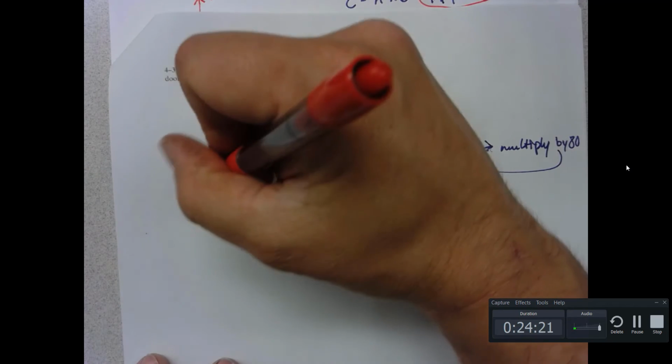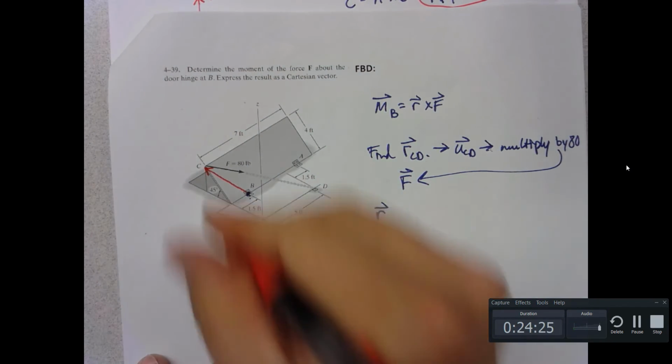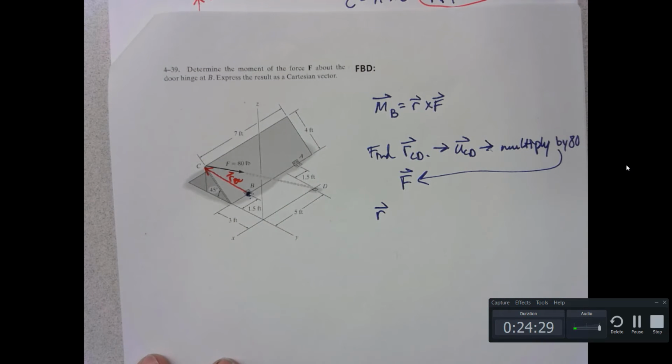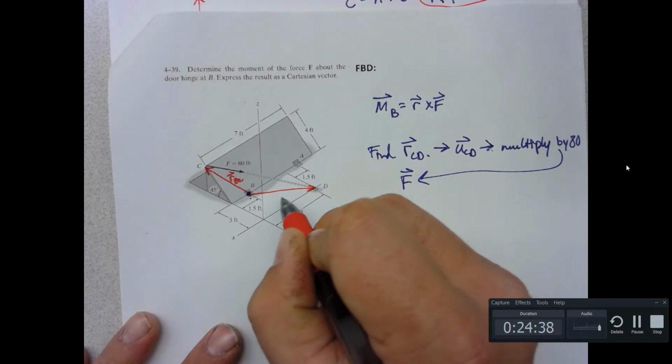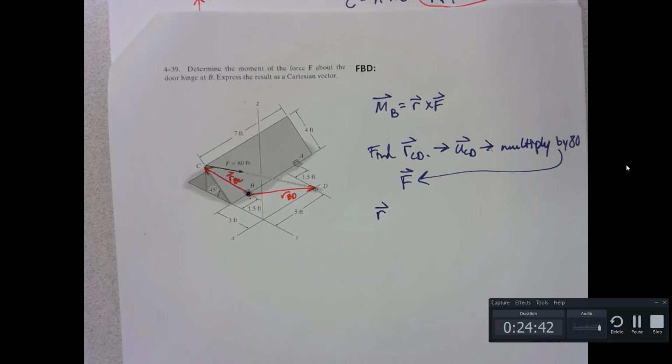Probably not, right? So here's one option. We have enough information to find r_BC, right? Does it look fun? Not really. Okay. How about r_BD? That's to the line of action of the force, right?